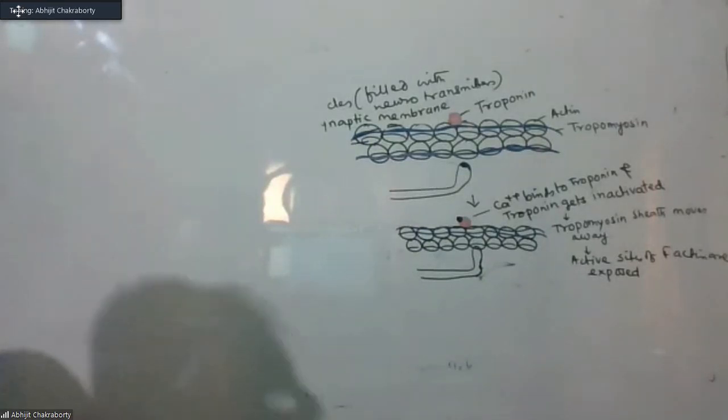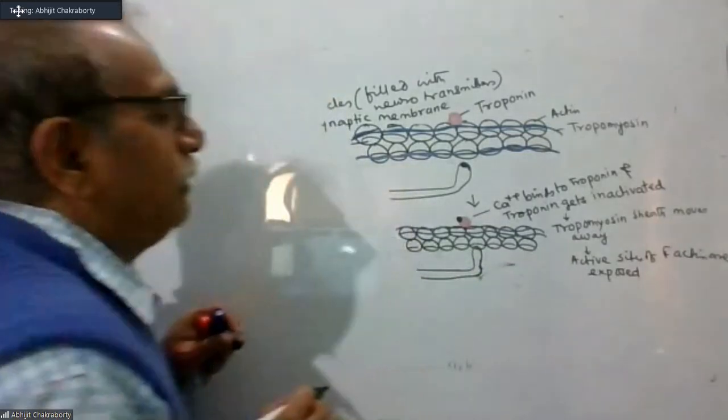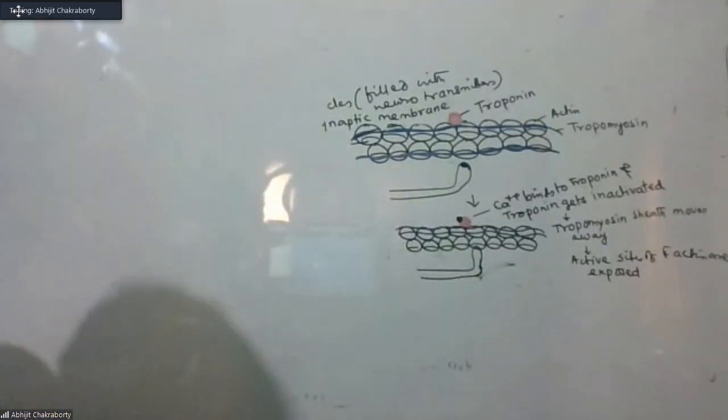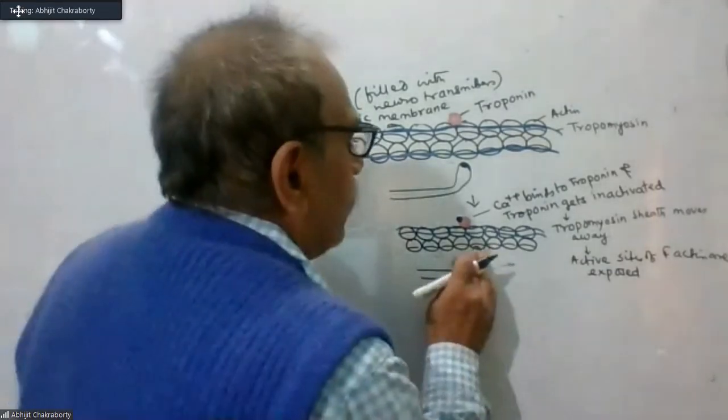Clear? Before that, before binding with this, what happens here actually, the myosin head, I want to show one diagram.